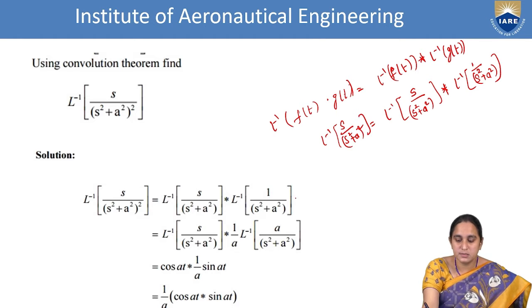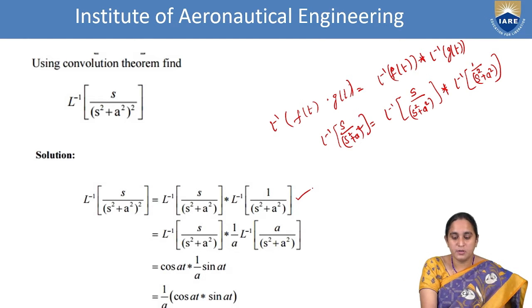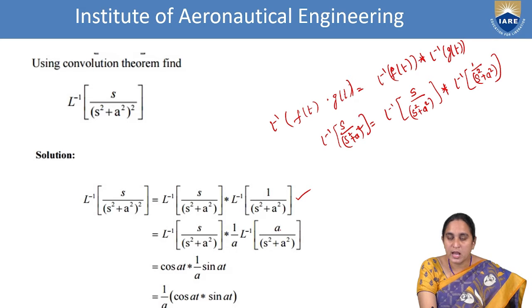Okay, this is this step. Therefore, here we have the Laplace inverse of s by s square plus a square star. What is the missing term? I'll multiply and divide with a. Why?